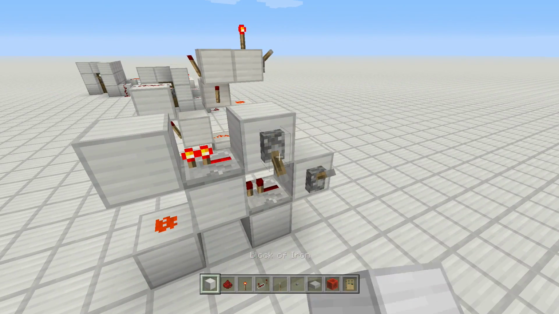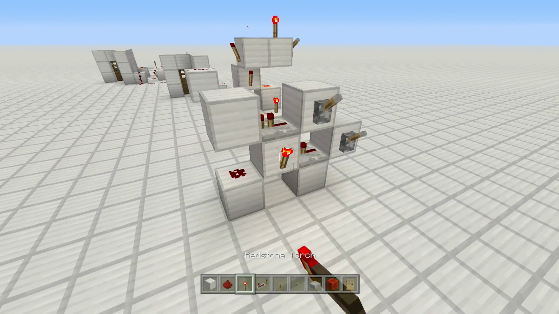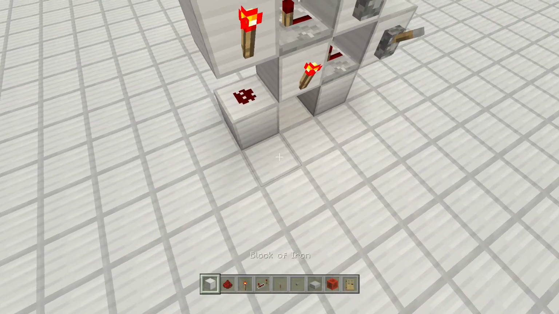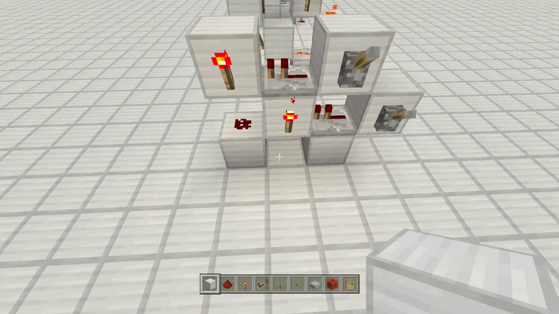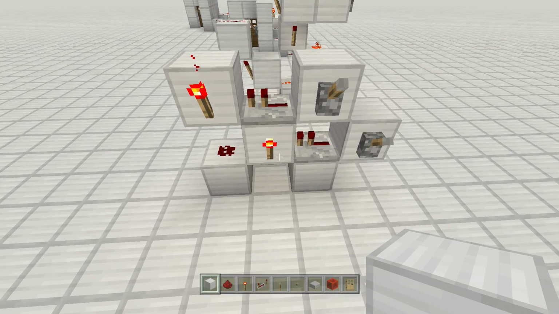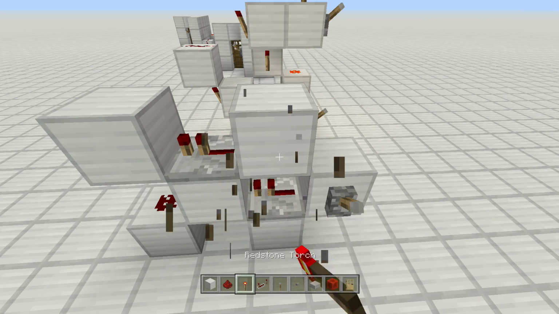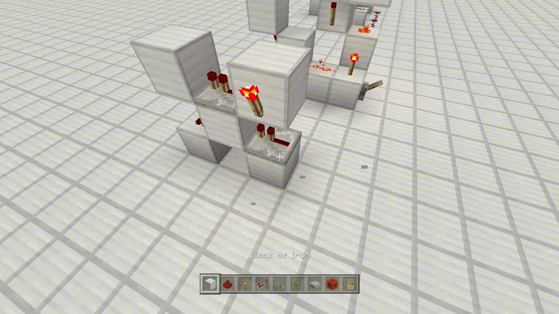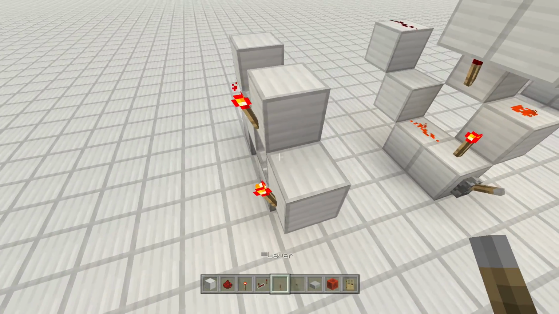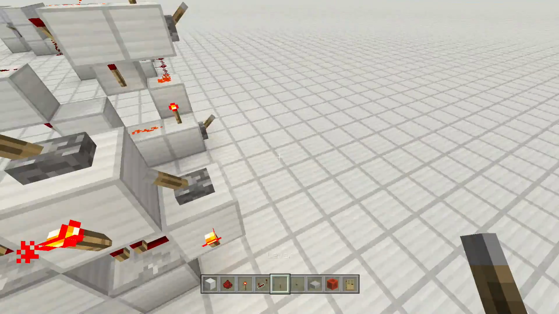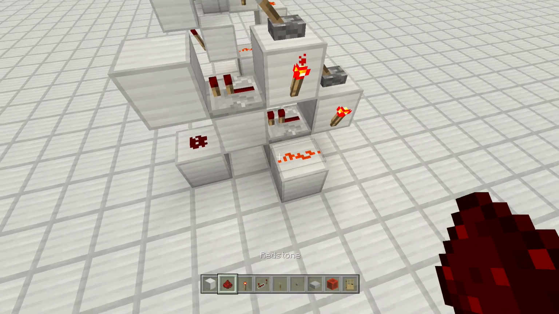So you would have your OR right here, and for the AND part, I believe you put this here. I'm not 100% sure. I might have to double check. Okay, no, I'm not correct. You put them right here. Yeah, that's it. Right on these blocks, so your inputs are actually right here instead. And then you get your AND right here.